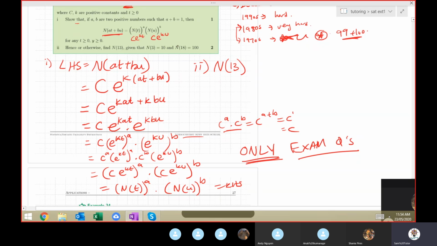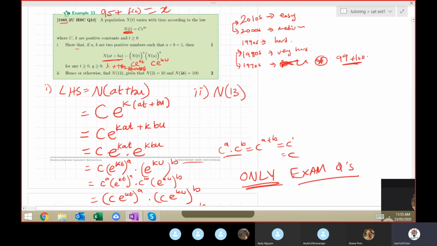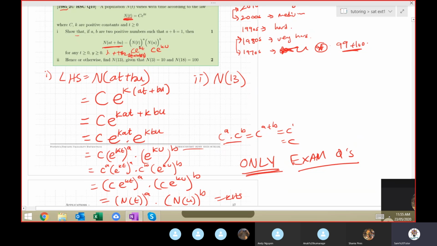N of T equals N of 18, N of 13. What's the way I would do it?